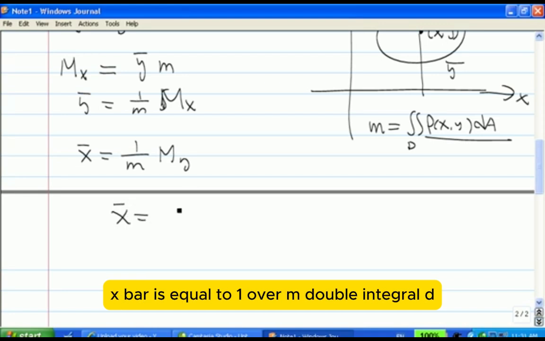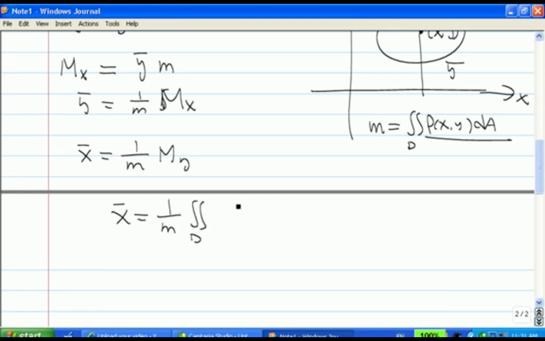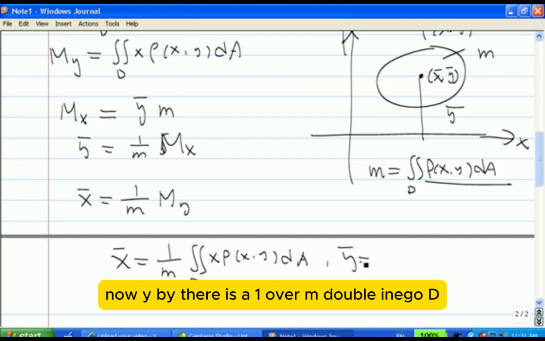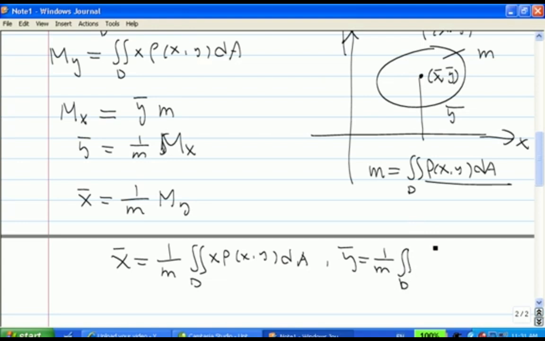X bar is equal to 1 over m double integral over D of x rho of x y dA. Your y bar there is 1 over m double integral over D of y rho of x y dA.